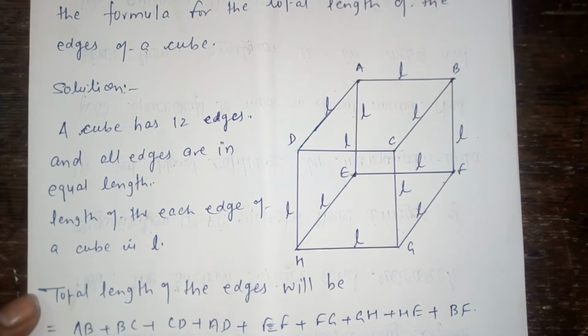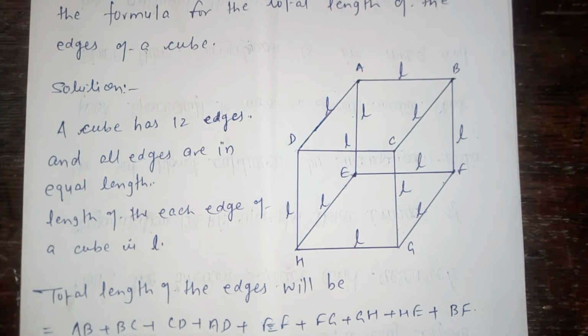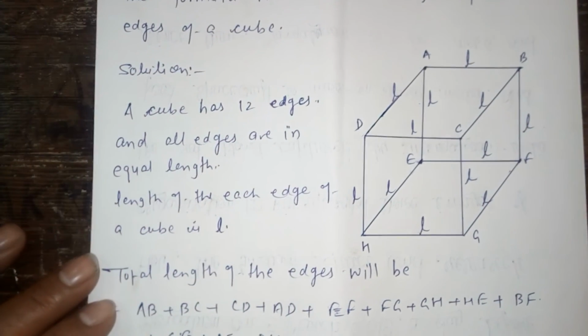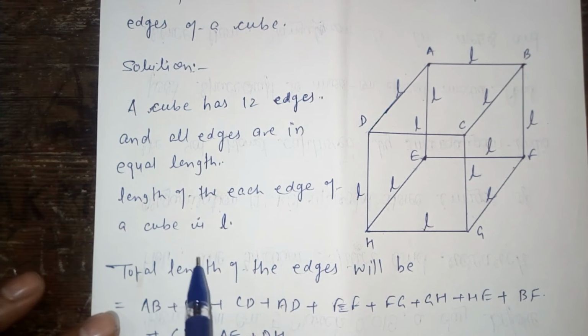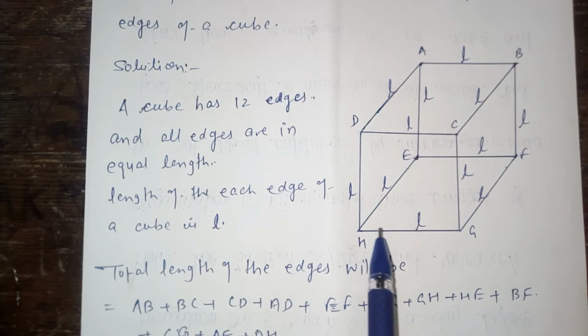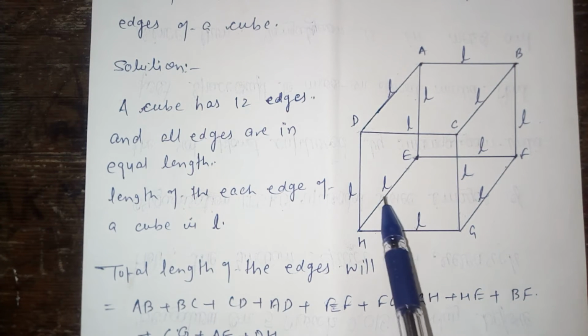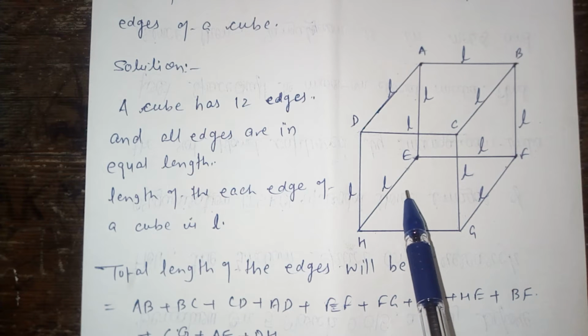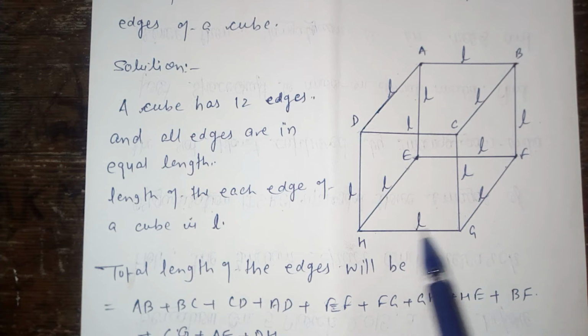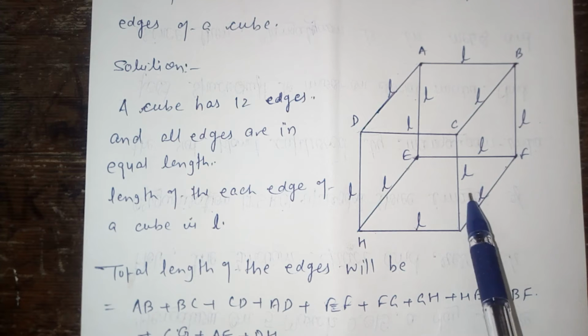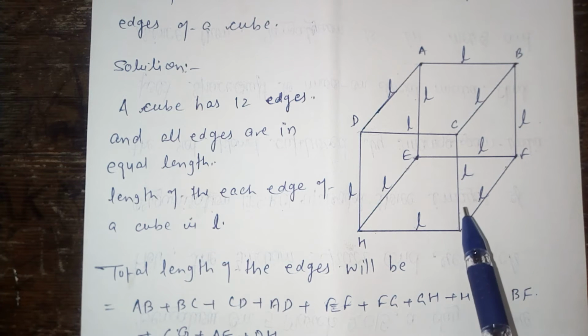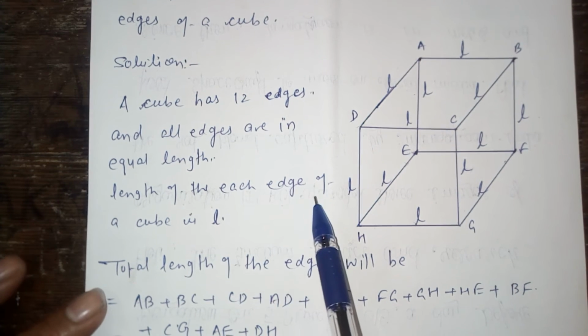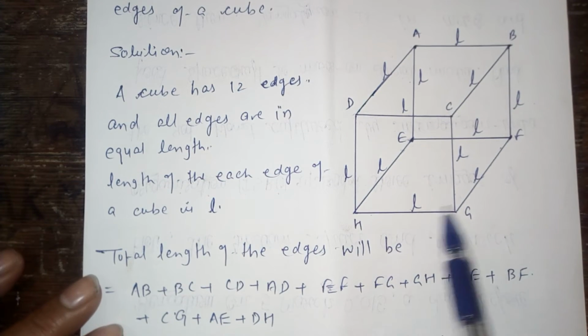Okay, a cube has 12 edges and all edges are of equal length. So in this question, all edges are of equal length, that is L. So the length of each edge of a cube is L.